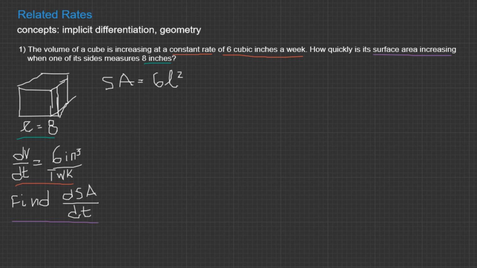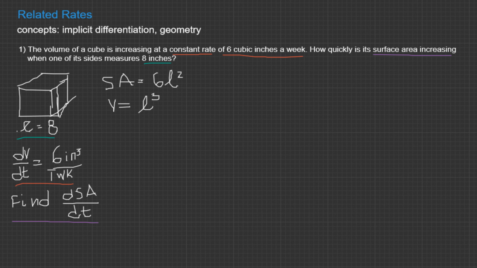And I wanted to mention that I'm using this cursive L shape, and I used it over here with the length equals 8 as well to differentiate from the number 1. And another formula that might be useful is the volume of a cube is equal to the length cubed. These are common geometric formulas that you should know.